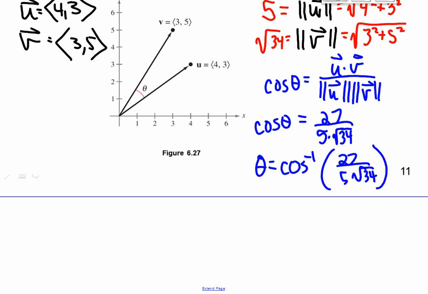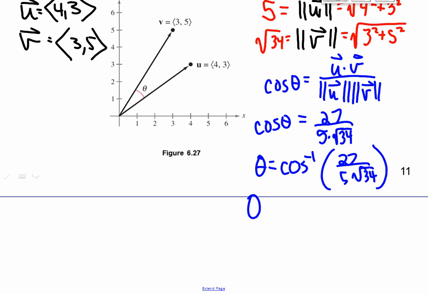The book authors gave this one in radians, so keep in mind we want to be able to work in either. Why don't we do it in radians if it's in degrees? Who said it was degrees? Right there it says degrees. Oh, not always.